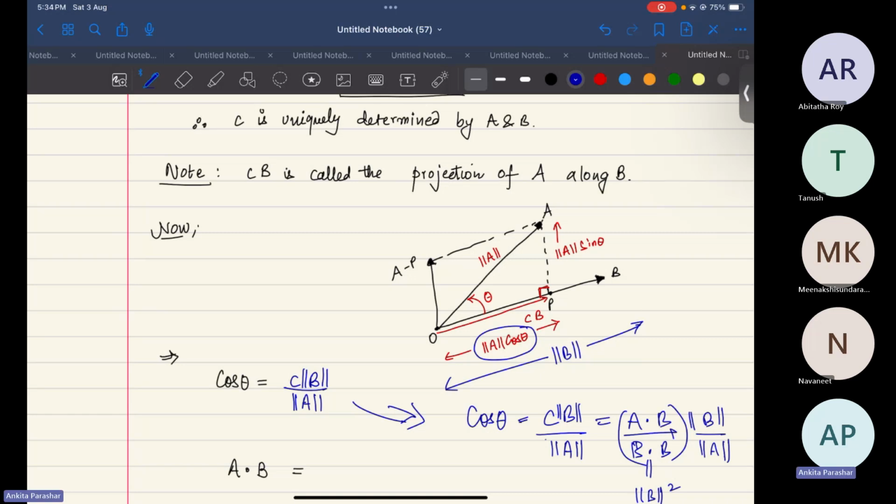So it is nothing but the product of the length of the vector B with the length of the point P, which is the projection of A onto B. Geometrically, the meaning of the dot product is the product of the lengths of the vector B and the projection of a given vector A onto the vector B. Does it make sense?